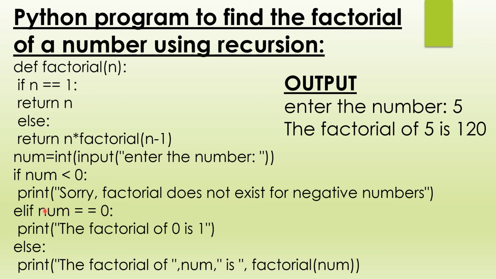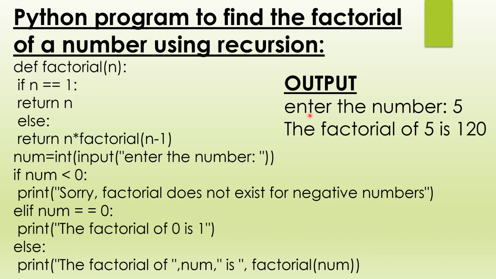If the value of num entered by the user is 0, then it will print the factorial of 0 is 1, since the factorial of 0 is 1. If this condition also becomes false, it will go to the final else part. That means print the factorial of num is factorial(num). This will print the value of the factorial if num is not equal to 0 and if num is not a negative number.